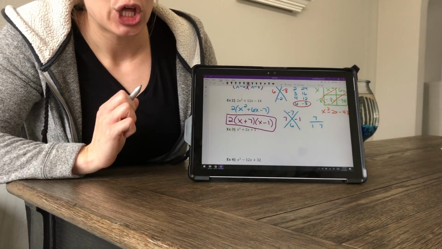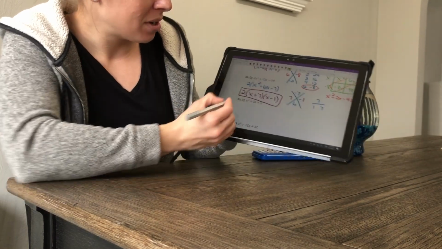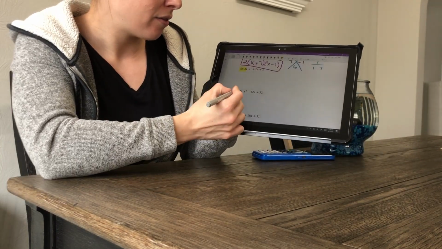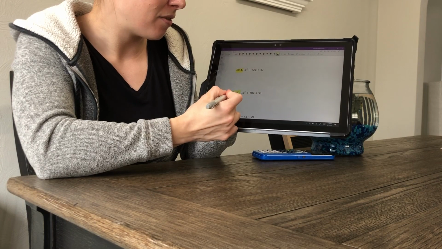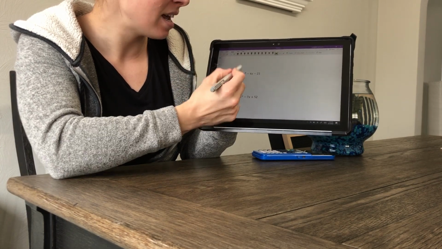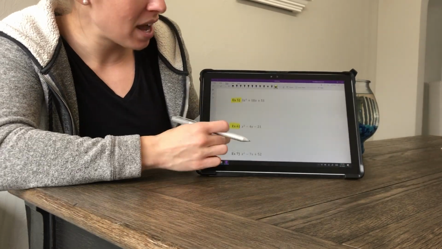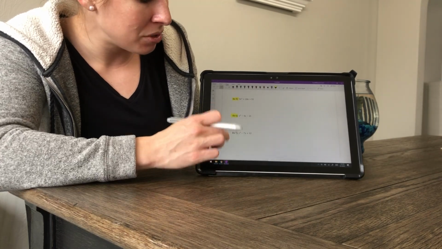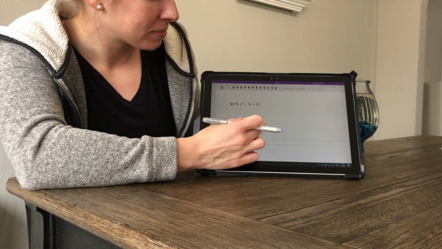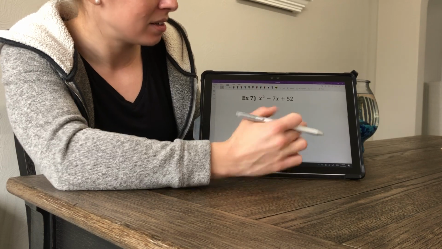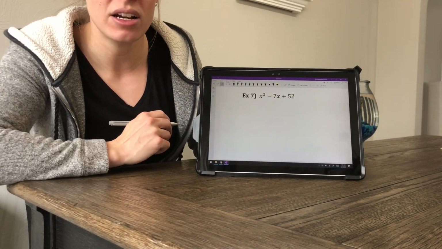Cool? So, all right, you are going to do number 3, 4, 5, 6 on your own. 3, 4, 5, 6, okay? I am going to do number 7 with you. Number 7. Okay, first step of factoring. Is there a common monomial?